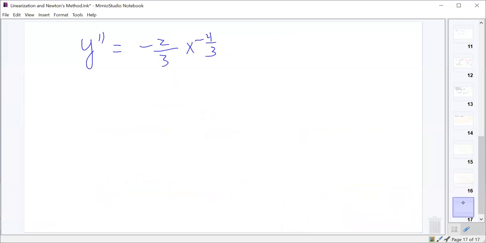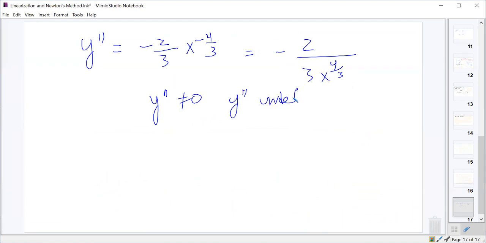So this is our second derivative, or negative 2 over 3x to the 4/3. And this never equals 0, but it is undefined at x equals 0.